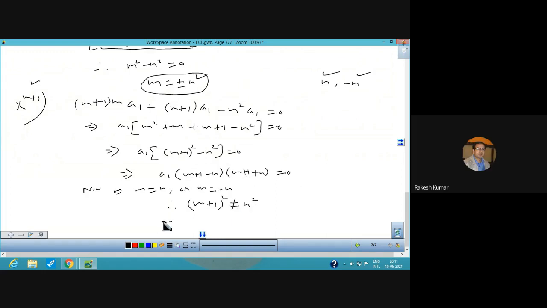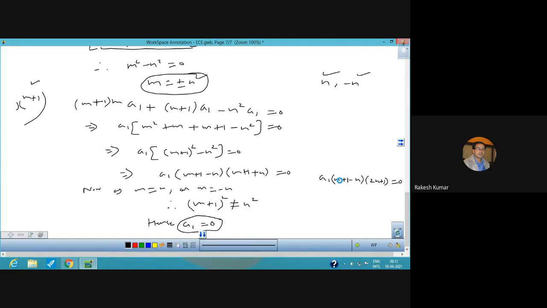So the only possibility is the constant a1 is 0. So the first constant is coming out to be 0. Remember, if we use m equal to n here, you will have n plus 1 minus n into n plus n, that is 2n plus 1 is equal to 0.